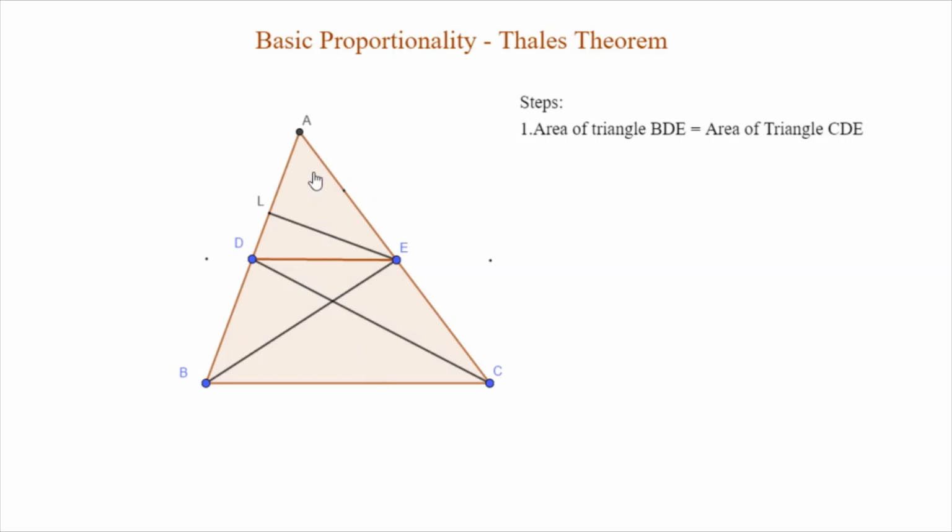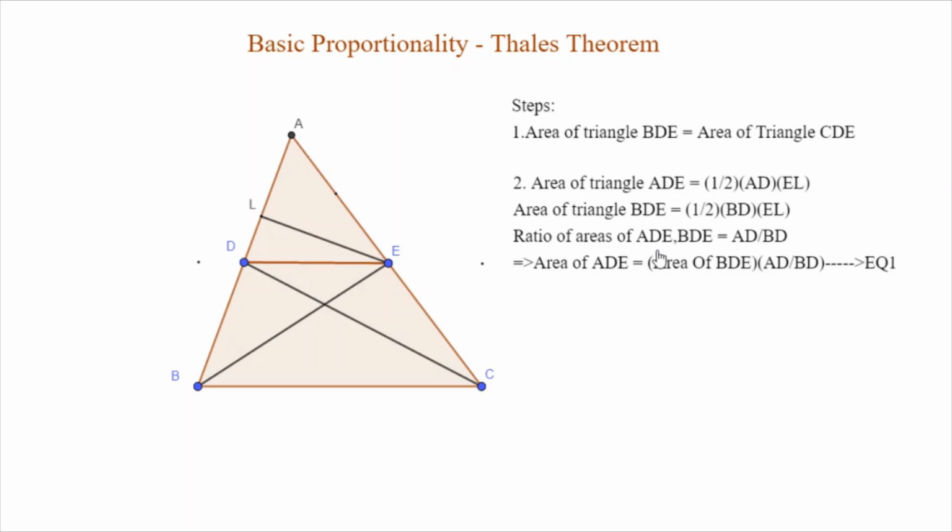So now let us take the areas of both triangles ADE and BDE and take their ratio. If you calculate the area of triangle ADE, it would be 1 by 2 into base, which is AD, into its height, which is EL. Similarly, the area of triangle BDE, whose base is BD and height is EL, would be 1 by 2 multiplied by BD multiplied by EL.